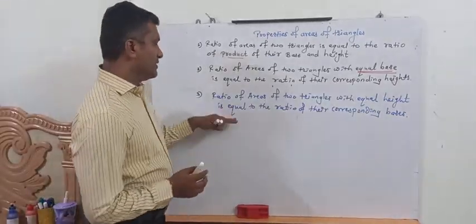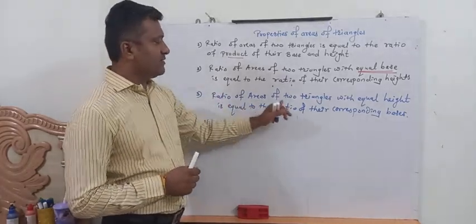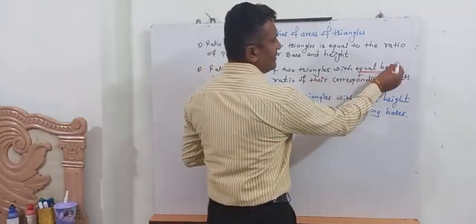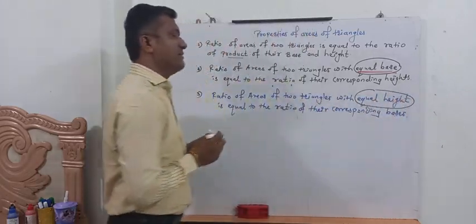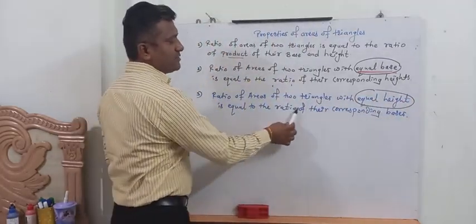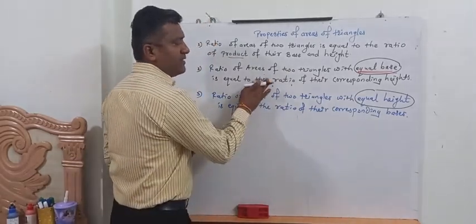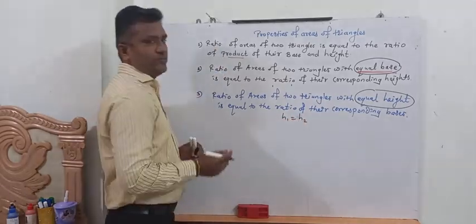Okay, now the third property. Now see the statement for the third property. Ratio of areas of two triangles with equal height. Look at, in the second property, base was equal. Now what is equal? Heights are given equal, and the ratio is equal to the ratio of their corresponding bases. Like here I mentioned B1 equals B2, so here I can write now H1 equals H2.